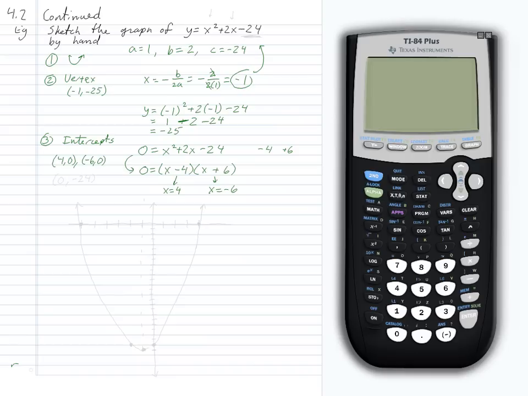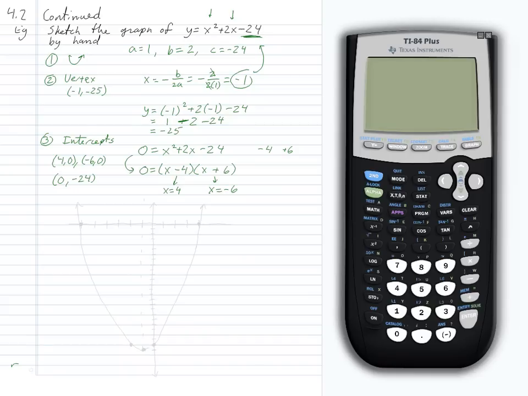And our y-intercept, remember if I plug in 0 for x, every term with an x in it is going to go to 0, so we're just going to get the constant. That's a nice little shortcut you can take with these polynomials. The y-coordinate of the y-intercept is always just going to be that constant at the end.